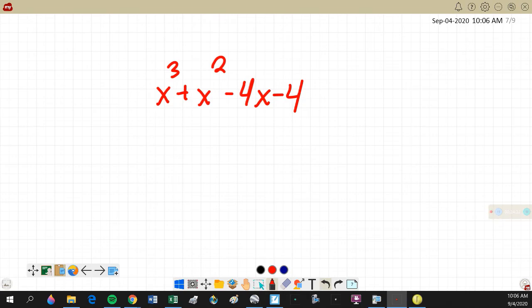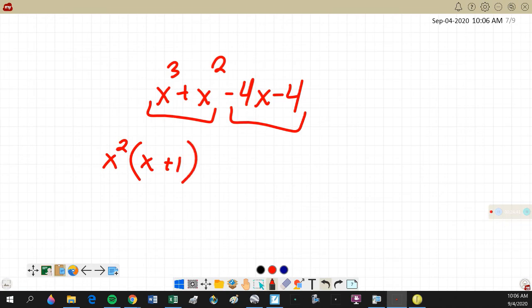So to factor by grouping, you group this, and you group this, and you pull out the greatest common factor of each. So x squared, and I'm left with x plus 1. And then what's the greatest common factor of the other? Now I could pull out 4 or negative 4. Why do I want to pull out negative 4? Grouping won't work otherwise.